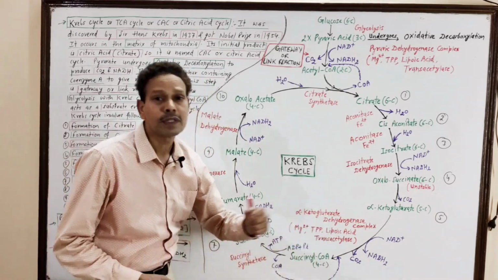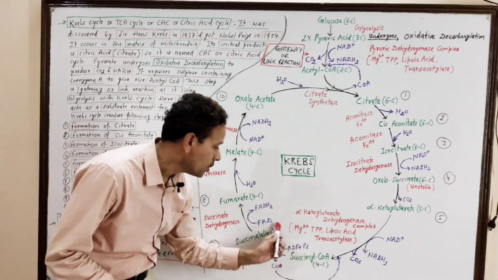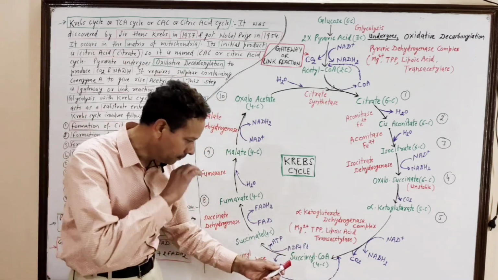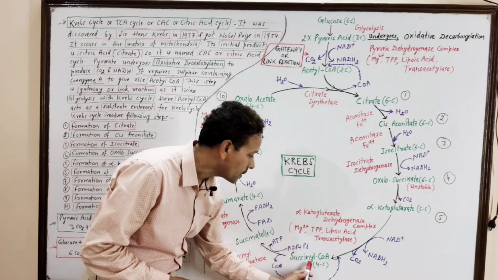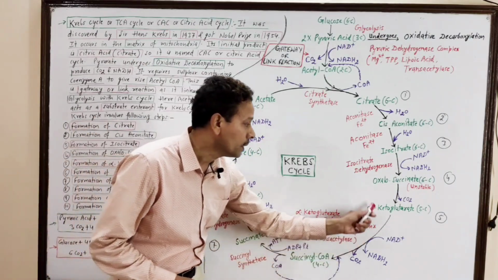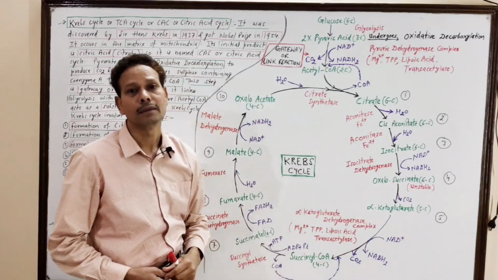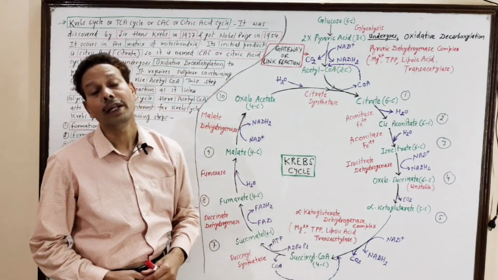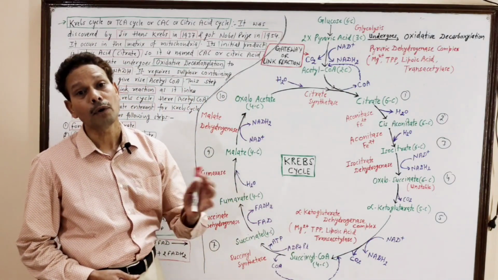The next step, sixth step, is formation of succinyl coenzyme A. In this step, alpha ketoglutarate undergoes oxidative decarboxylation.